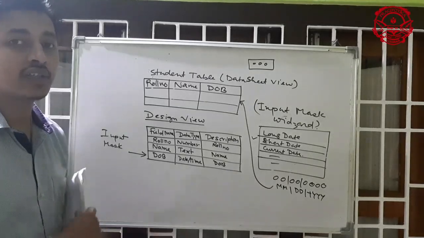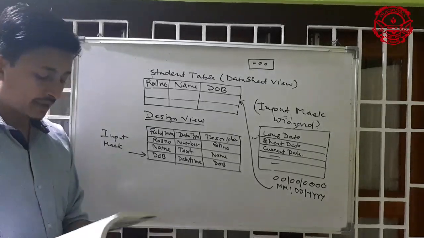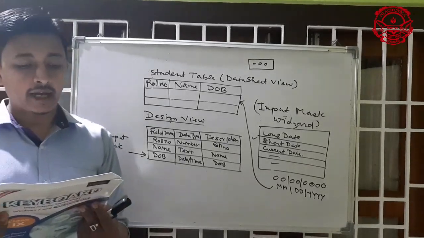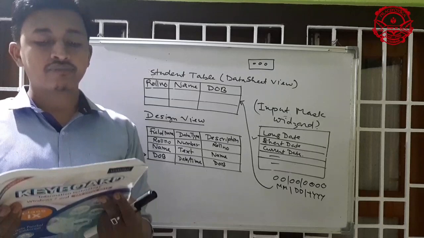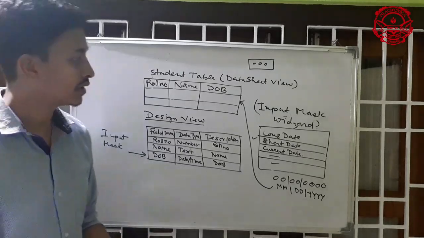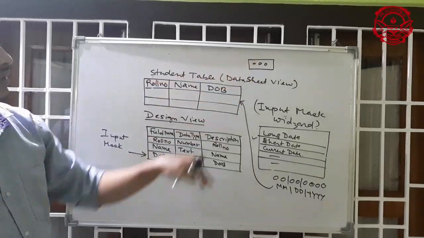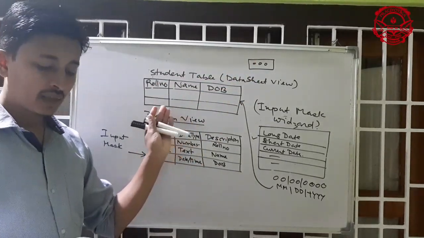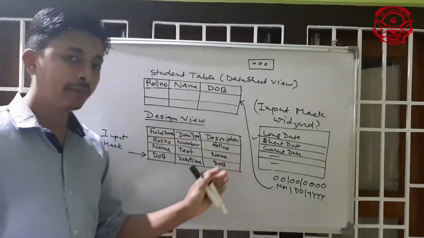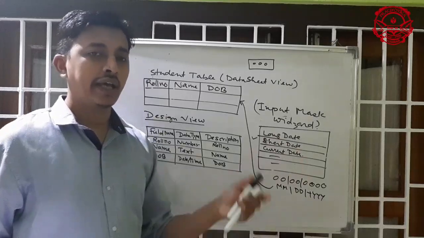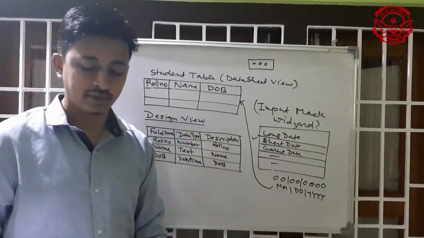You click on the three dot icon, and the input mask wizard dialog box will come. It first asks you to save the table.